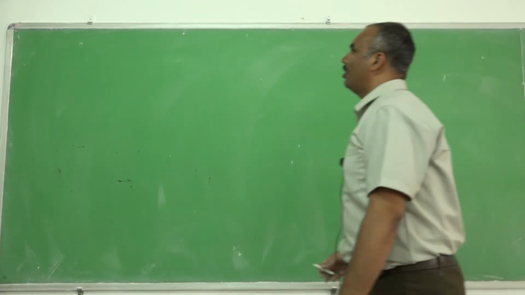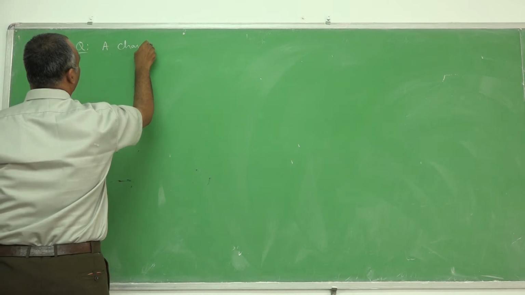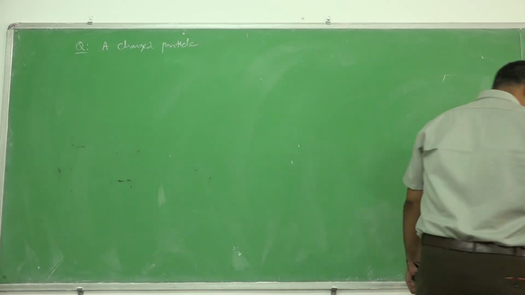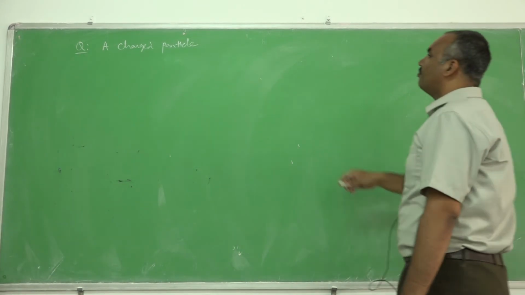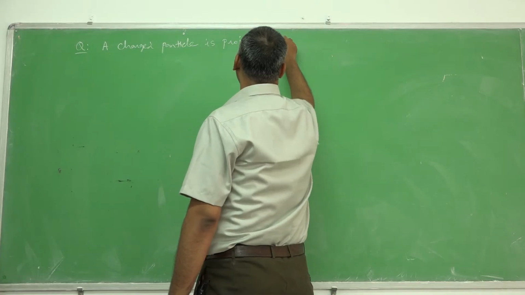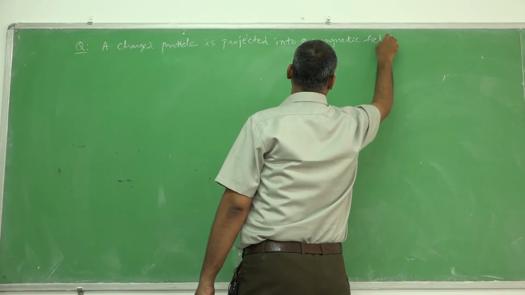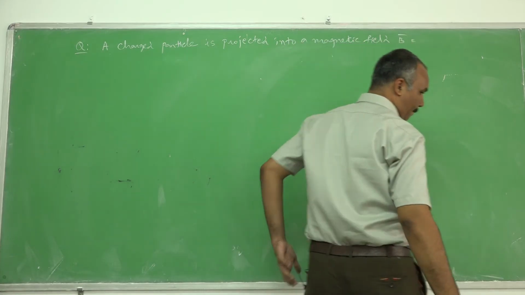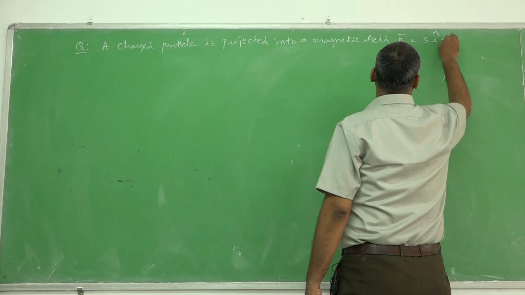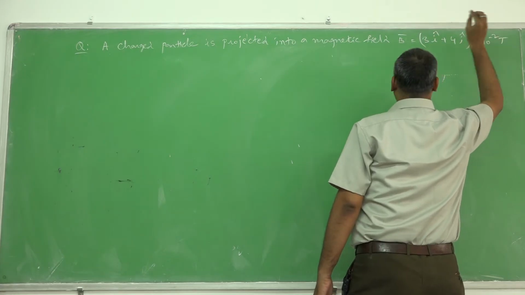The question is like this: a charged particle is projected into a magnetic field, B bar, which is given by 3i cap plus 4j cap into 10 power minus 2 Tesla.